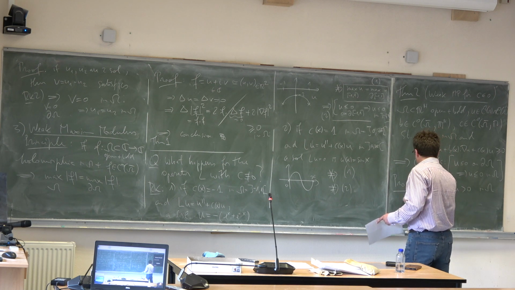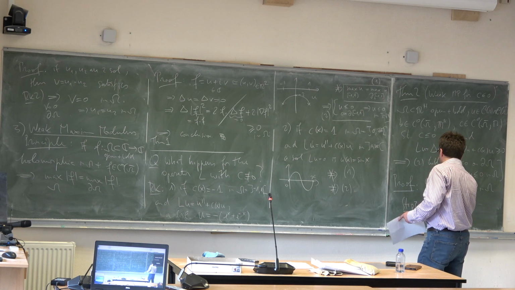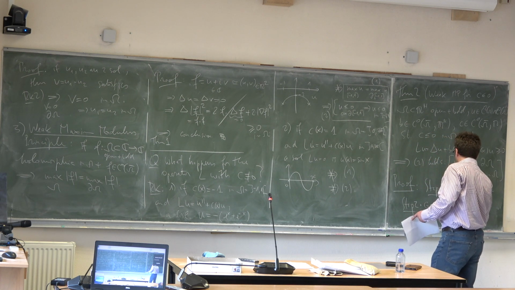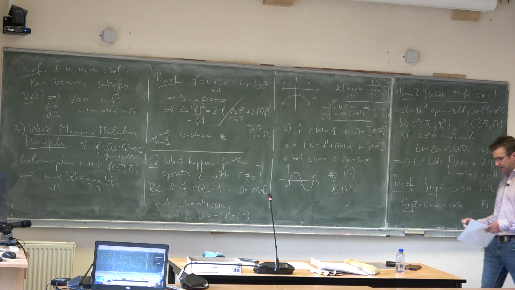So it's by contradiction, and in the second step, you do the general case, and again here this is based on constructing a barrier function that is smooth all over, that is strictly positive, but you have to be careful that it is also less or equal than 0 at the boundary. Okay. So I let you automate.